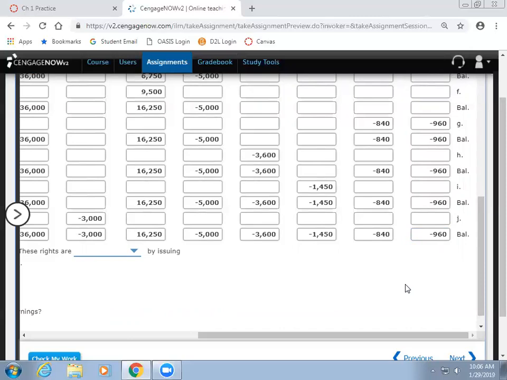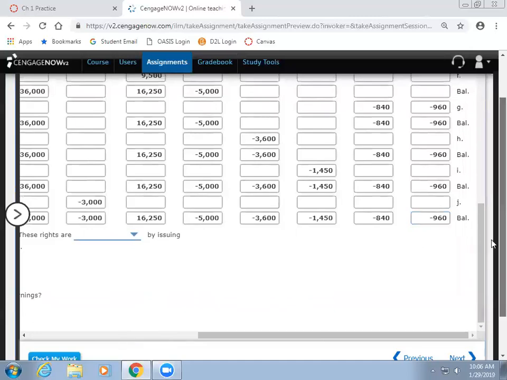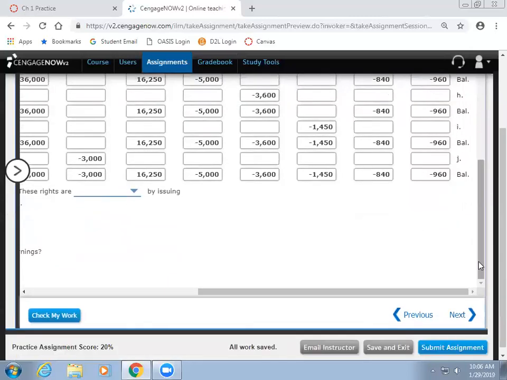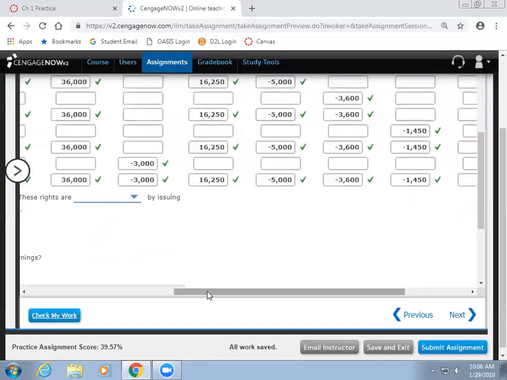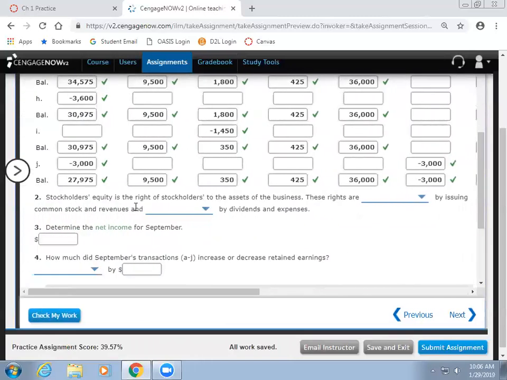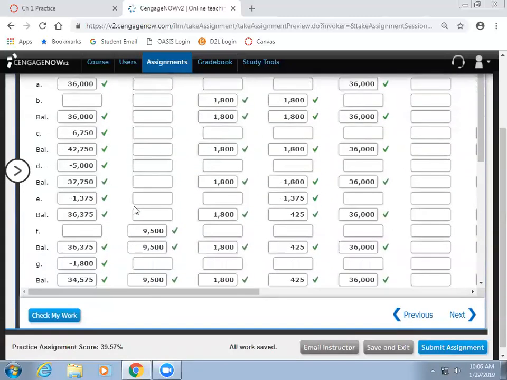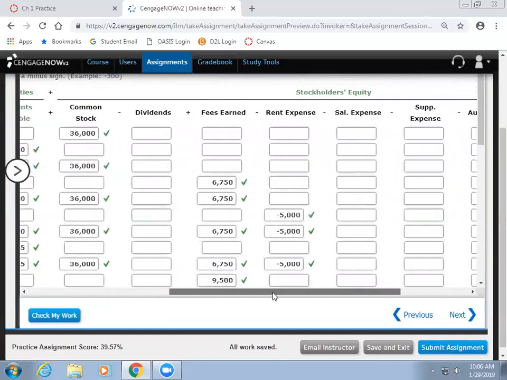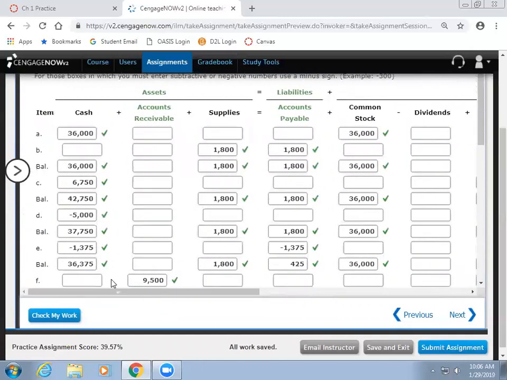Now, when you are doing this on the homework, you can use the check my work button. It's unlimited. So if you want to, log one transaction and make sure you're right, hit check my work. So I'm going to hit check my work, and you should see a bunch of green check marks. You can always scroll through and make sure everything's green.